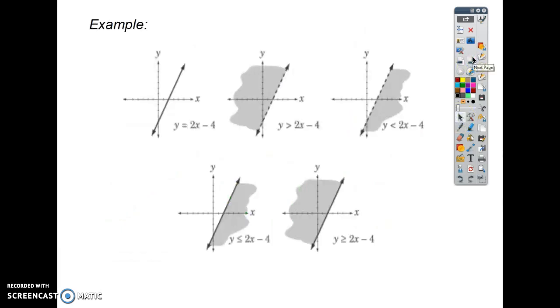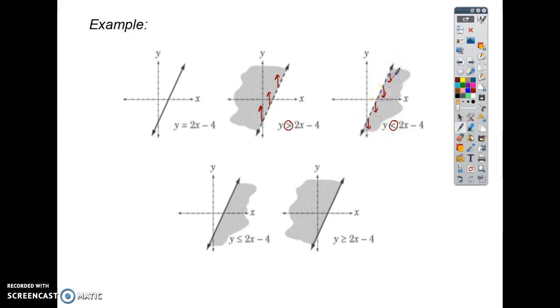And this is an example of the same line. Look at this. They're all the same line. Exactly the same. They're just different and they have different symbols. For instance, this one is greater than. That's why it's a dashed line and that's why it's shaded above. Okay? This one is less than. That's why it's a dashed line and it's shaded below.